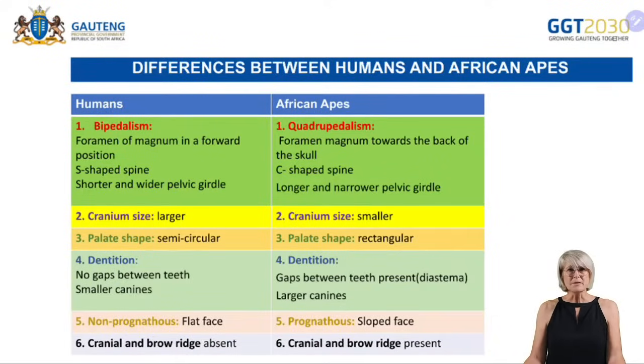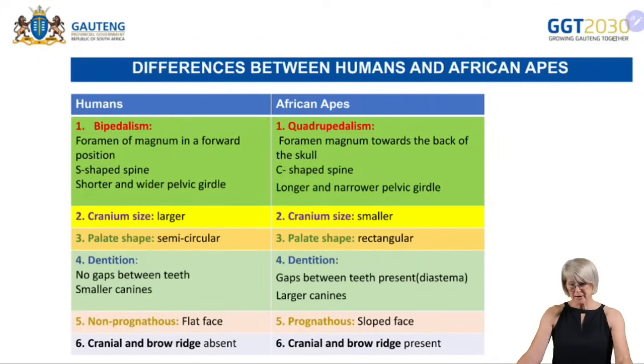Now there is a difference in the structure of the skeleton, because of the different modes of movement. So the first one for humans that are bipedal, the foramen magnum, which is a hole in the skull that allows the spinal cord to enter and join with the brain. And that position then is usually in a forward position.